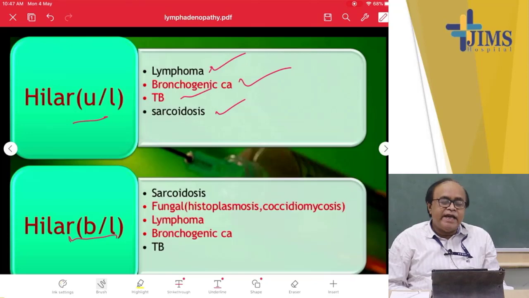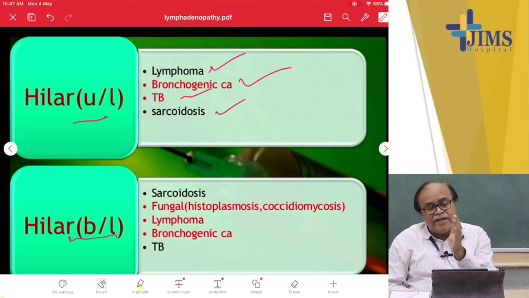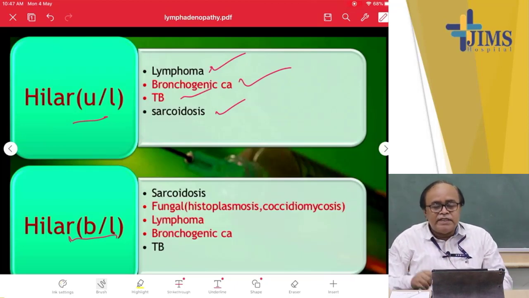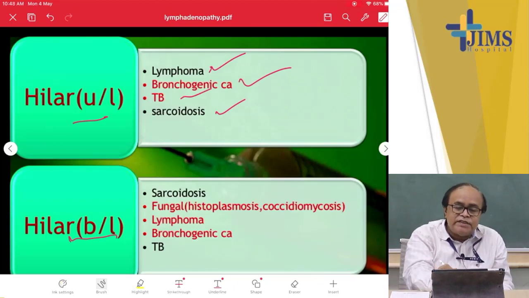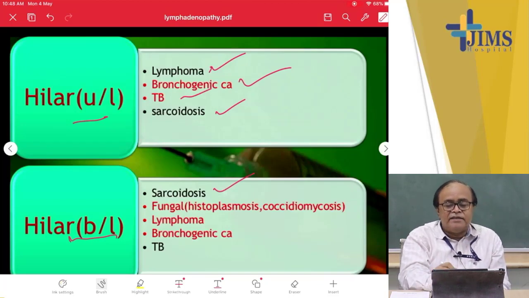Then in case of bilateral hilar lymph nodes, both sides of the hilum affected, what may be the causes? Sarcoidosis, fungal infection. What are the fungi? Histoplasmosis, coccidioidomycosis. Malignancy, lymphoma, bronchogenic CA, tuberculosis.